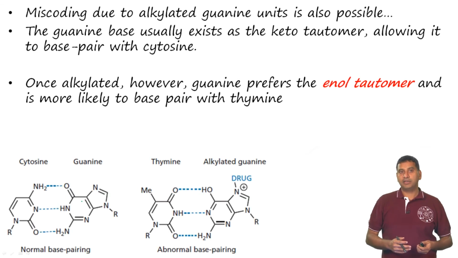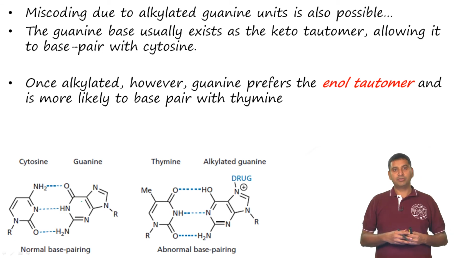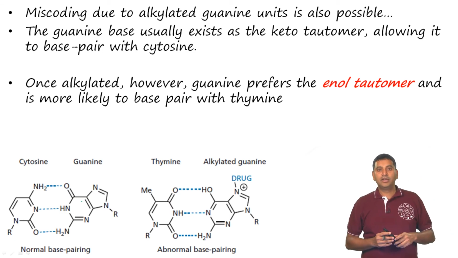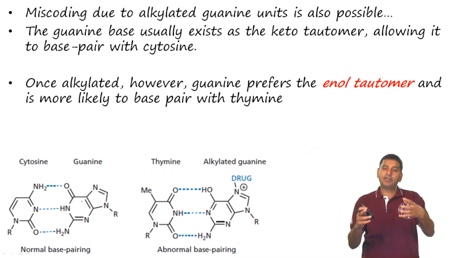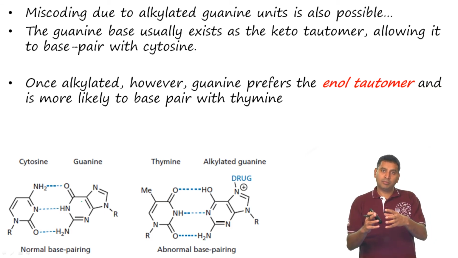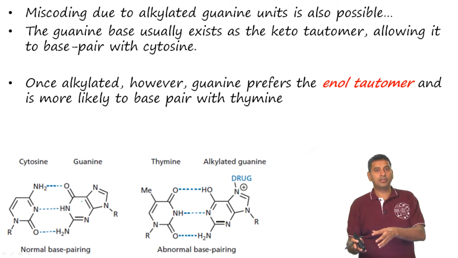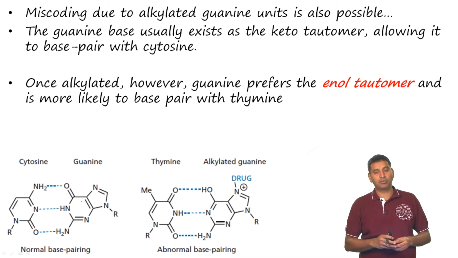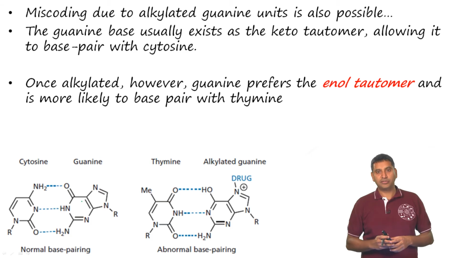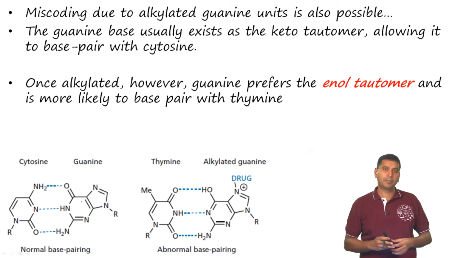So, this might result in what is known as miscoding. The consequence of miscoding is that a slightly different protein is going to be synthesized, and this protein may not function the way the normal protein would function, and that could again result in stress, perhaps in cell death.